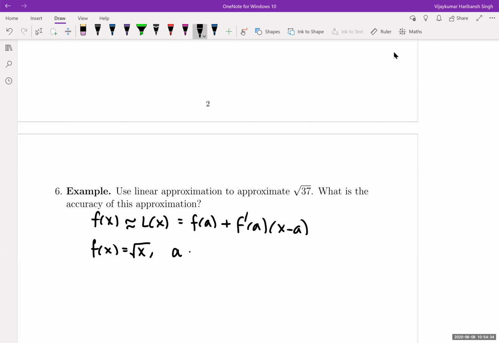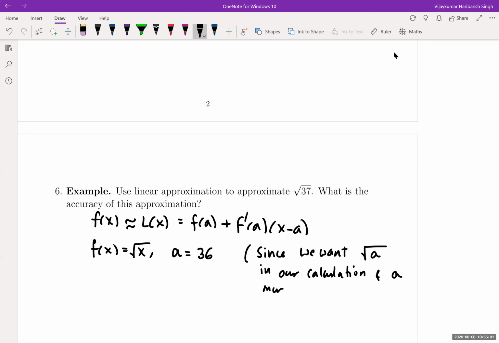Now what should we choose for a? a is chosen to be 36. Why? Since we want to find the square root of a in our calculation, a must be close to 37.